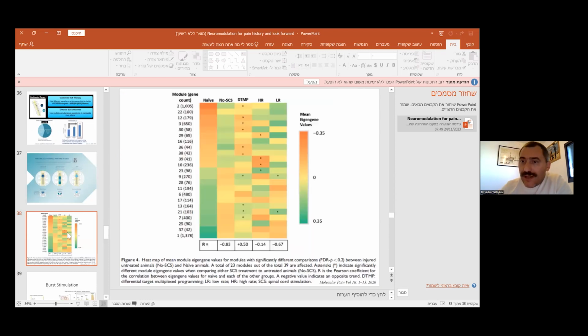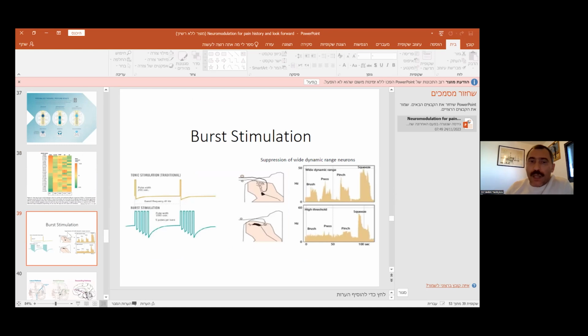Now we know that there are some algorithms such as DTM, different target multiplex algorithms, that can make normalization of gene expression in the neurons and in the glial cells in the spine. So it can relatively cure and normalize processing and gene expression in the spine in patients with chronic pain.